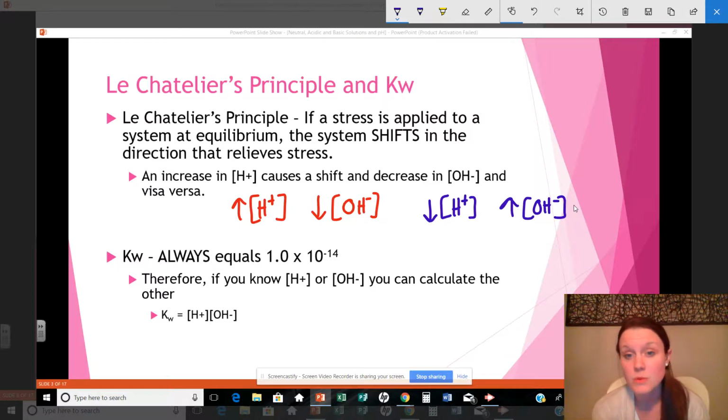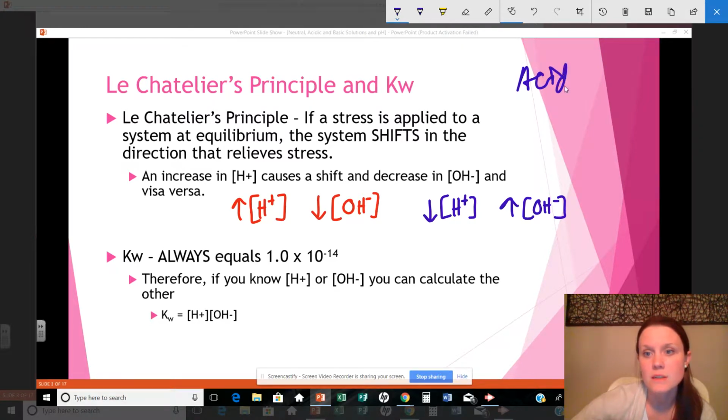Okay, now why do we care about that? If we go back to our notes from last week, acids have hydrogen ions, right? Bases, at least Arrhenius bases, donate hydroxide ions, okay?